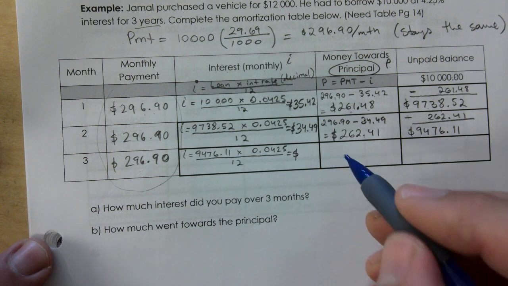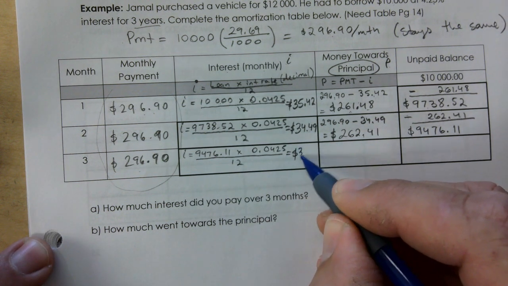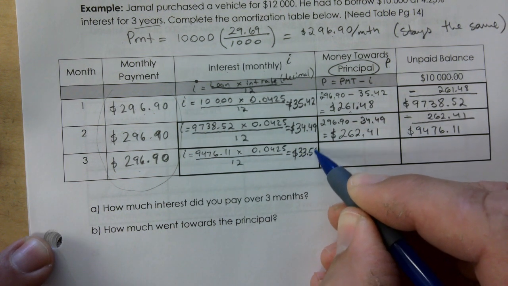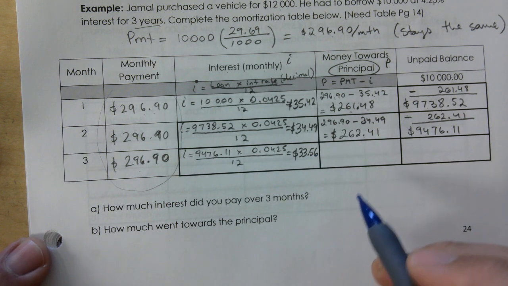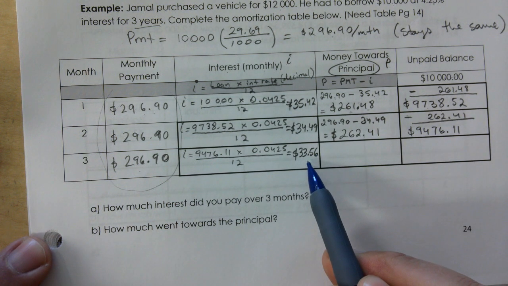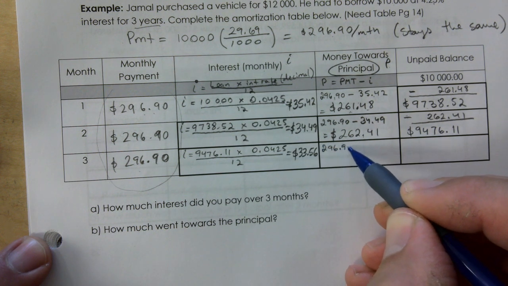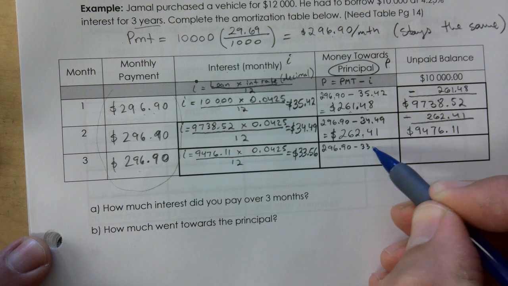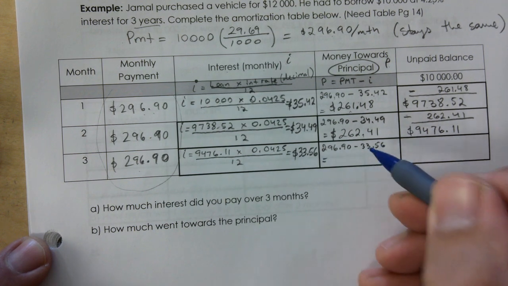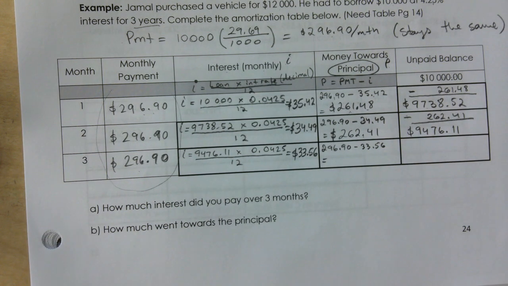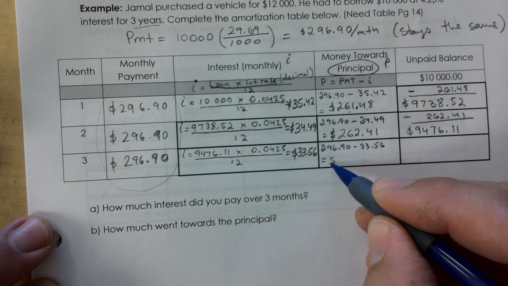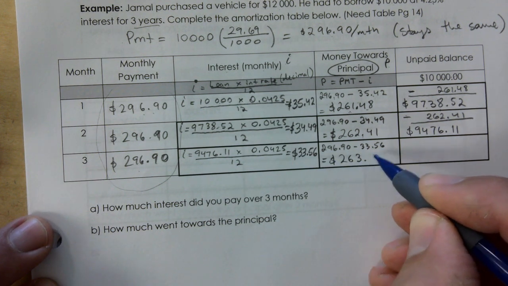So it's 33.56. I should make this cell a bit longer next time. So I take my payment and take away the interest portion to get the principal portion. And so that's 263.34.